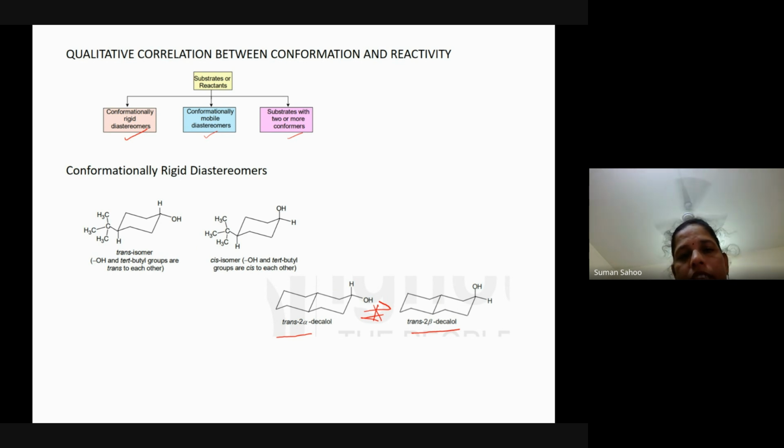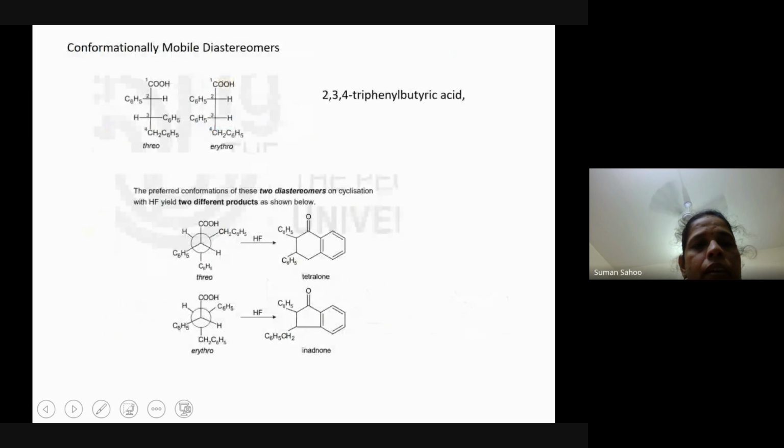So whenever you have a mixture of these two rigid diastereomers, one is going to react faster, one is going to react slower. As it was seen that this is going to react faster and this one is going to react slower. The axial diastereomer reacts slower. So next is conformationally mobile diastereomers.